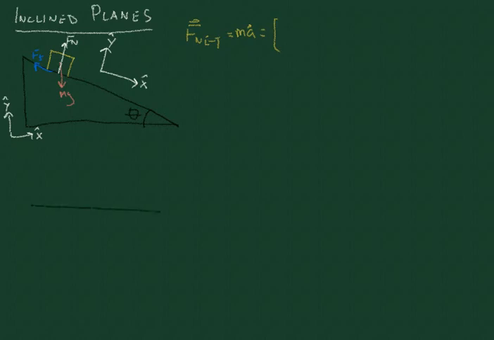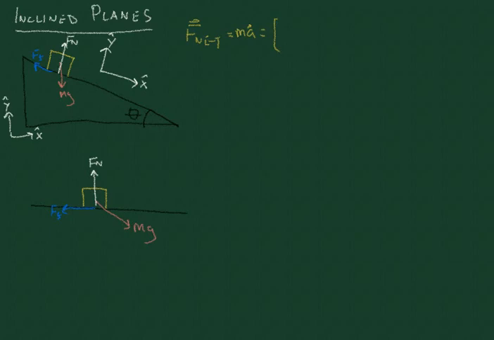So we can redraw it with our new x and y coordinates. Notice now gravity is going to come off at a weird angle. We still have the normal force, which is completely in the y direction now. And we have a frictional force that's in the minus x direction.